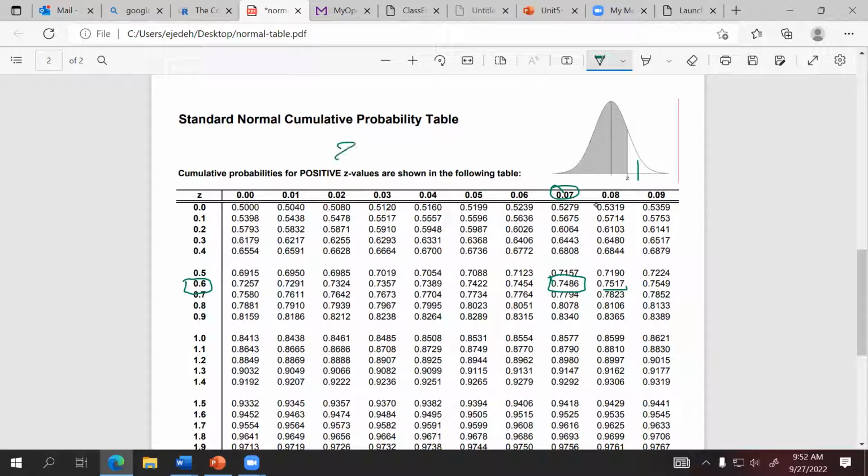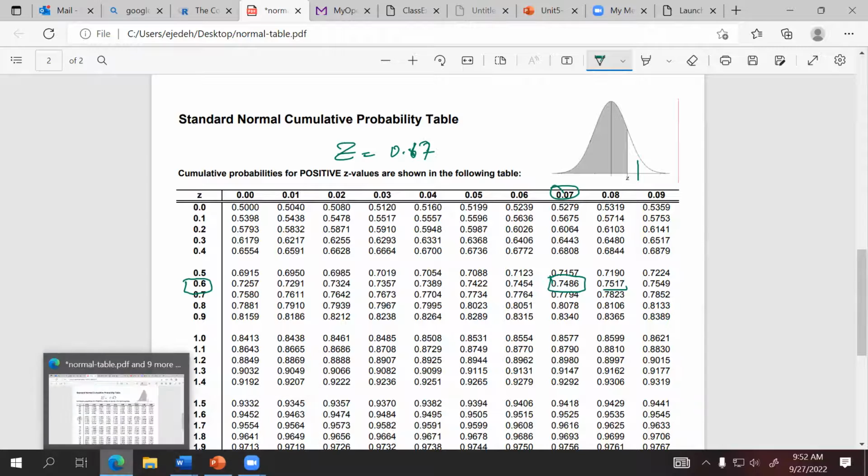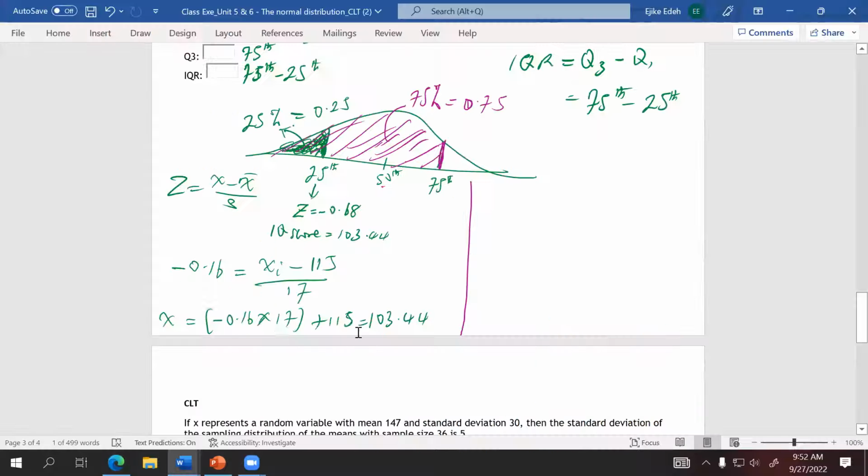So our Z value of interest here will be 0.67, and this time it is positive. We're going to pick up that Z value and go to the question to work it out.